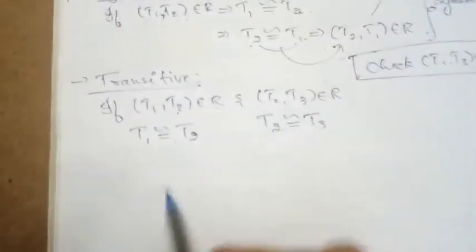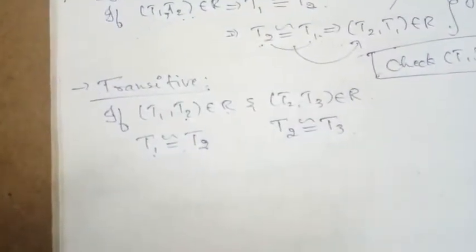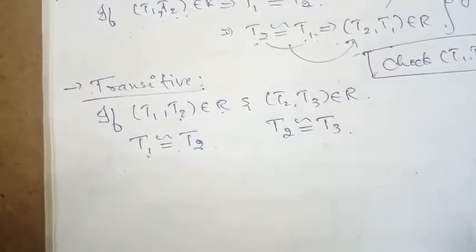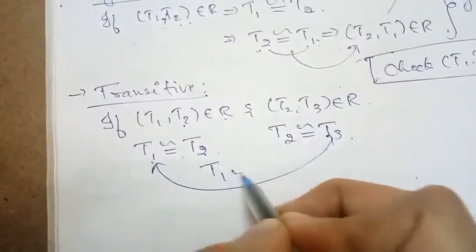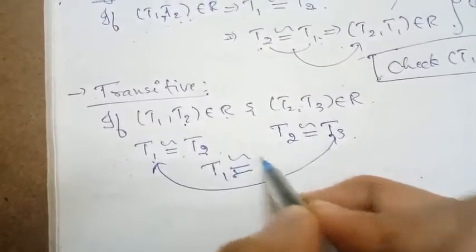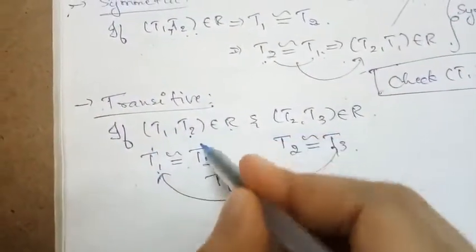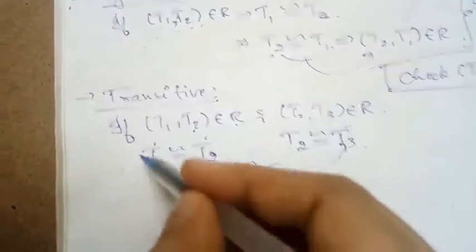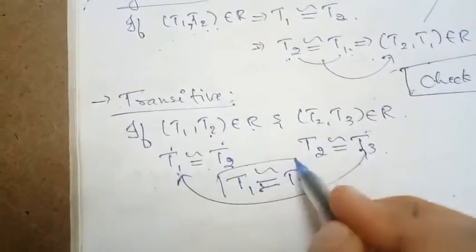Now look here properly. T1 is congruent to T2 and T2 is congruent to T3, so it directly implies T1 is congruent to T3. If T1 is congruent to T3, what is the relation saying?